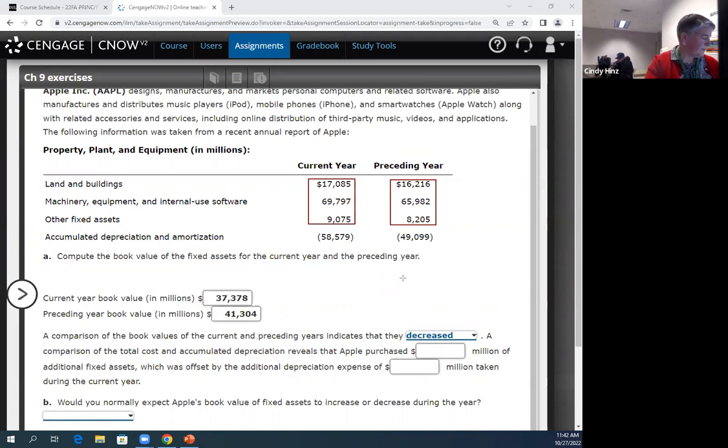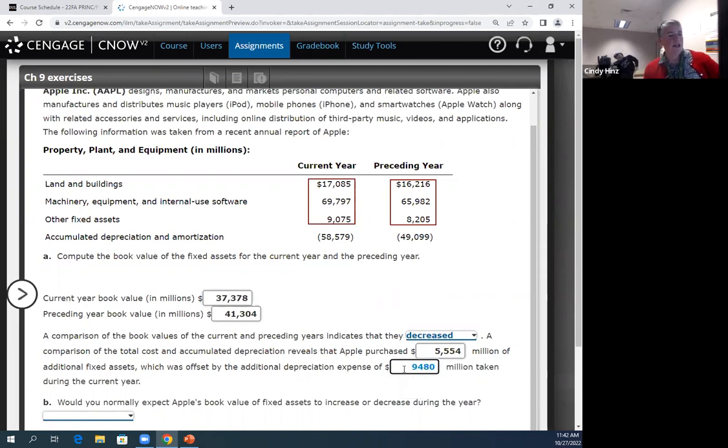And I got 55.54. So their original or historical cost increased by 55.54, but their accumulated depreciation increased by, take this year's accumulated depreciation and subtract last year's.